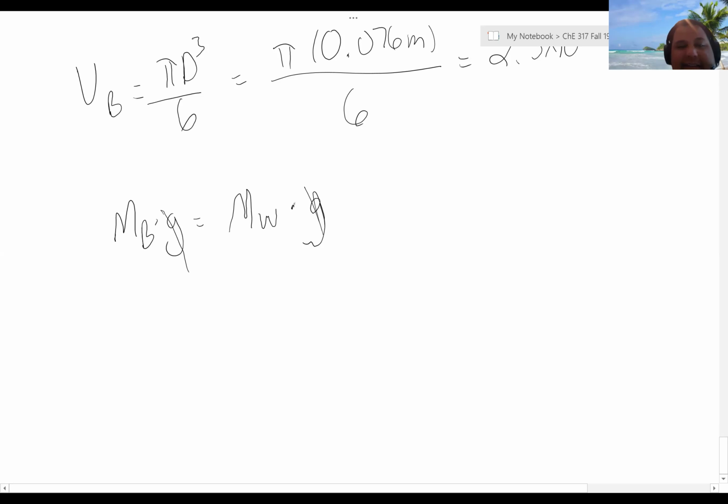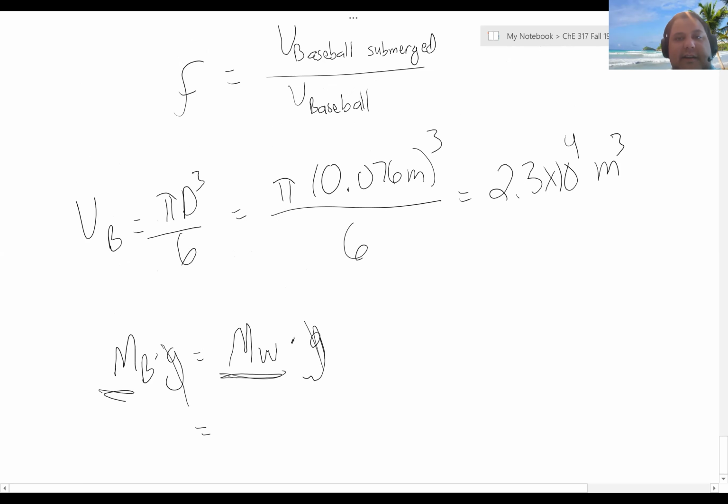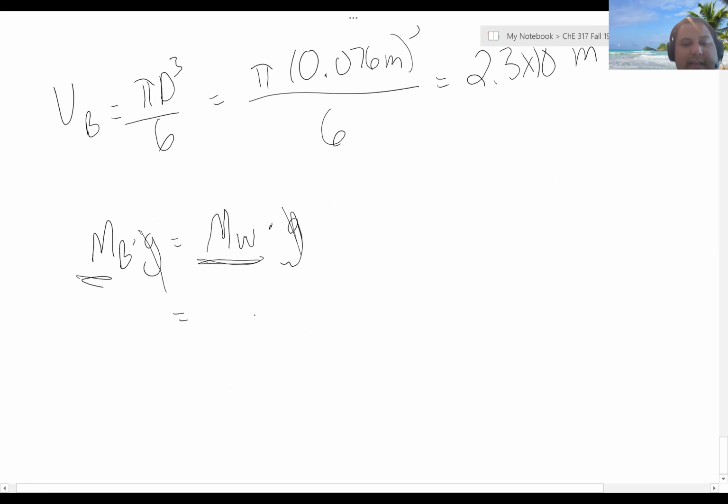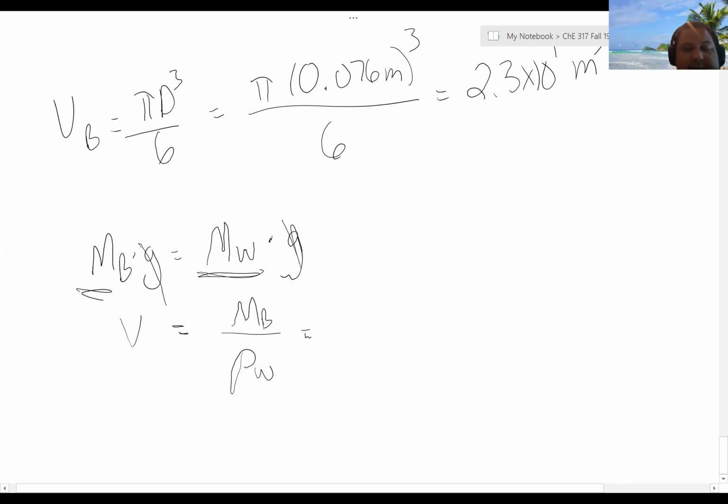So we know the mass of the baseball. What we can do is find the volume of water displaced, which would tell us the volume of baseball submerged, which would simply be the mass of the baseball divided by the density of water. The mass we had was about 0.145 kilograms.